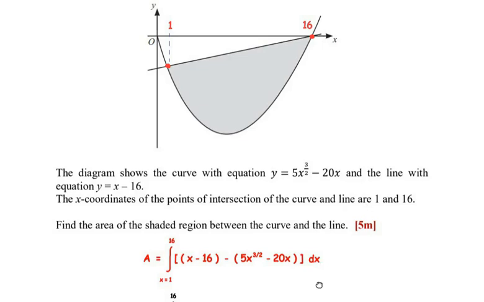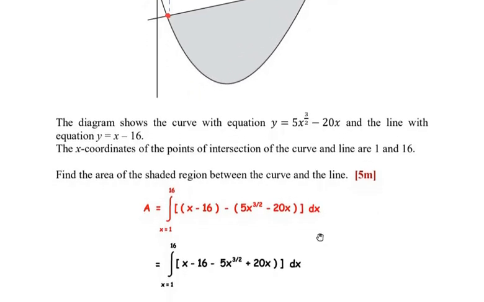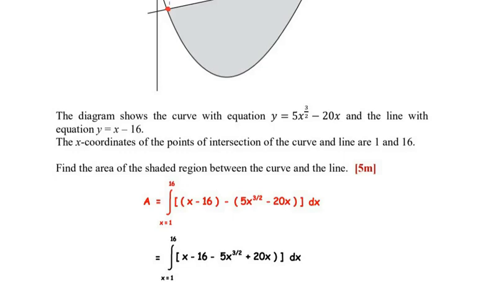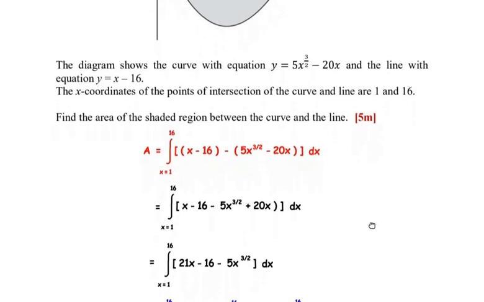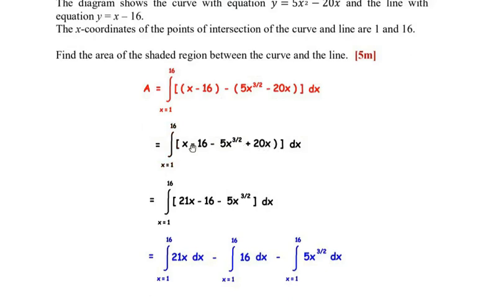Now in the next step we have expanded the second bracket. So here we get integration of x equal to 1 to 16 x minus 16 minus 5x to the power of 3 over 2. Now minus of minus gives us plus 20x dx. Now let us combine the like terms. So here we get integration of 20x plus 1x gives us 21x minus 16 minus 5x to the power of 3 over 2.